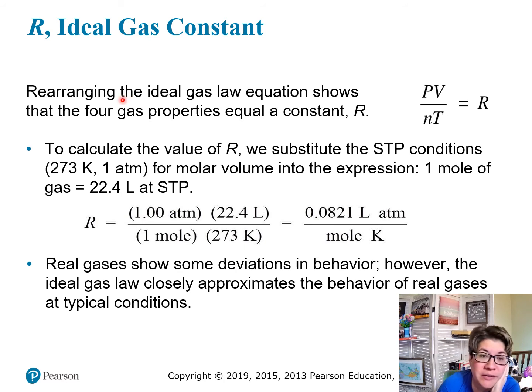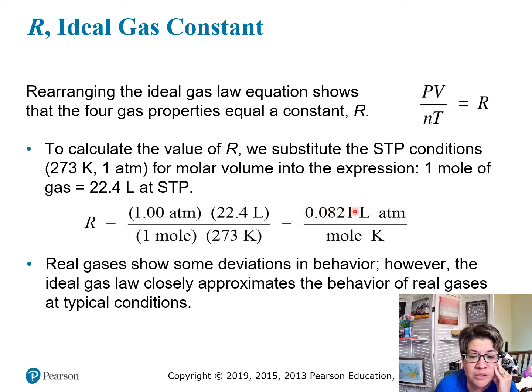Okay, so in this equation, you might have noticed a new letter, which is R. R is called the ideal gas constant, and R is a value that fixes all the other values together and makes all the units work together. And this is just showing how they calculate R. If you rearrange it and solve for R, and you put all these STP values in, so your 1 atmosphere, your 22.4 liters, and your 273 Kelvin, it equals this number here.